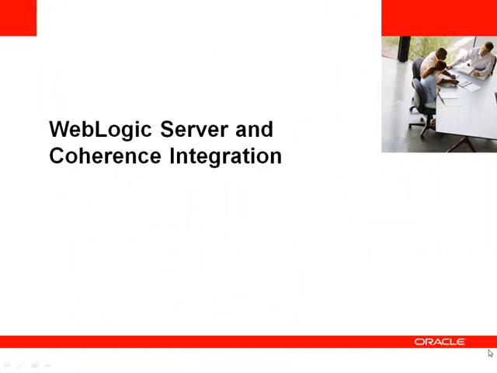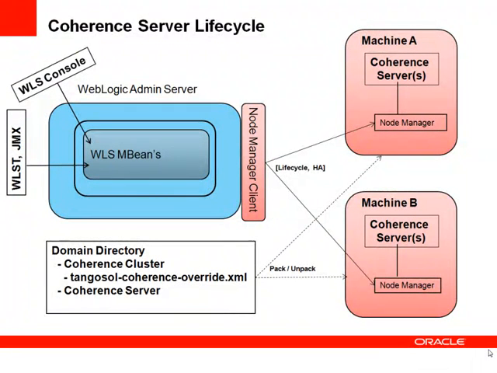WebLogic Server and Coherence have recently undergone even tighter integration in the new 11g R1 patch set 3, or WebLogic Server 10.3.4 release. We are now able to use WebLogic Server Node Manager to remotely manage Coherence servers that run on other machines.